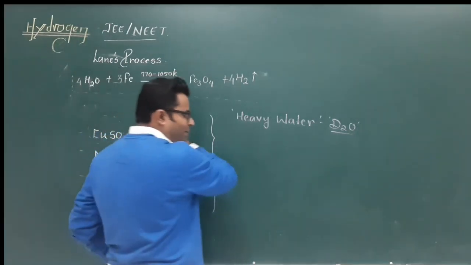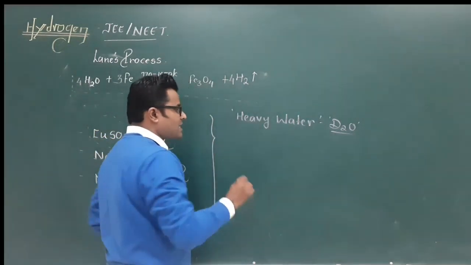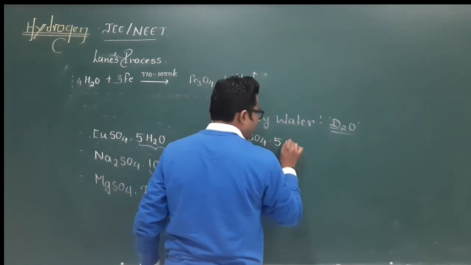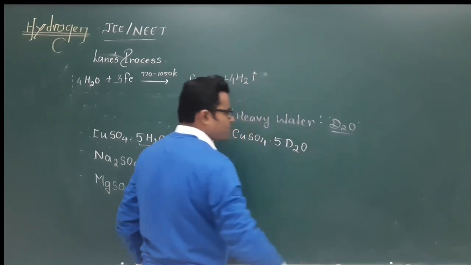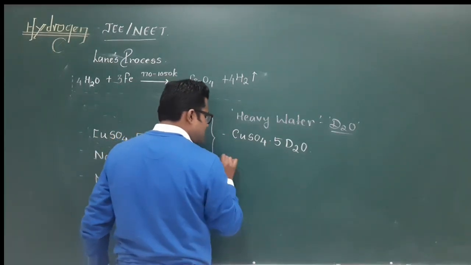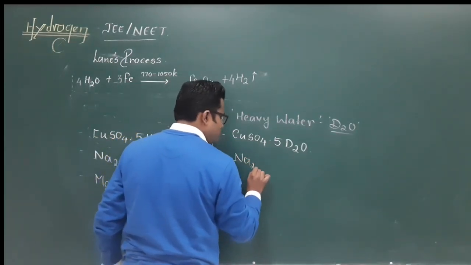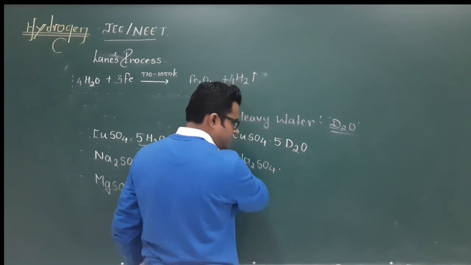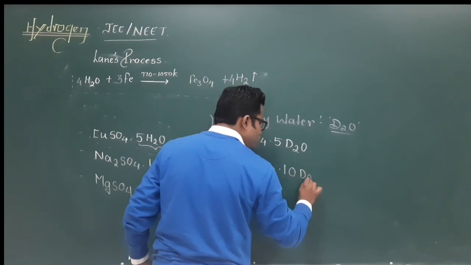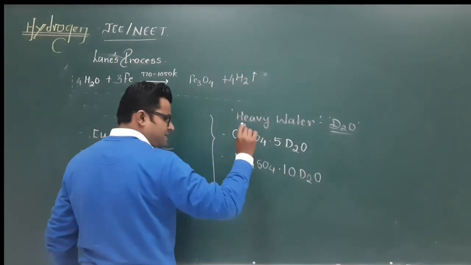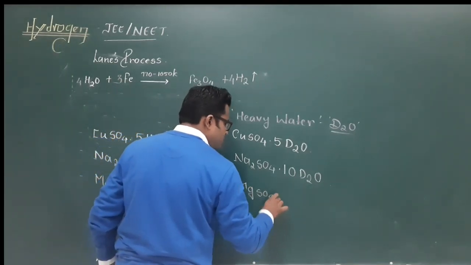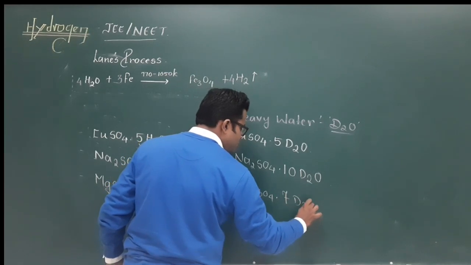So for copper sulfate, CuSO4 dot 5D2O, it associates in almost the same manner. Second, Na2SO4 dot 10D2O. Similarly, magnesium sulfate, MgSO4 dot 7D2O.